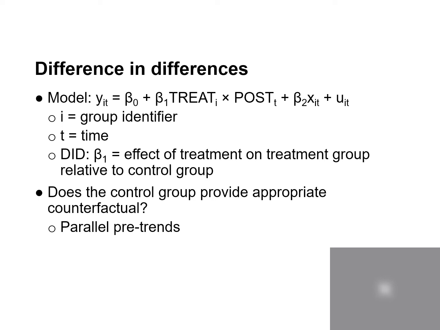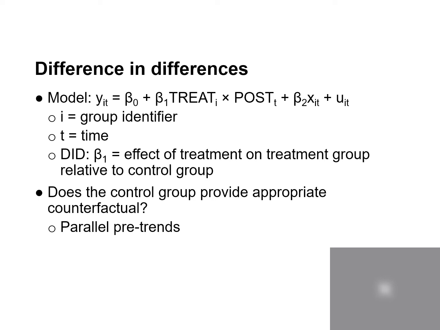The coefficient of interest, the so-called DiD estimate, is beta subscript 1, which is the effect of the treatment on the treatment group relative to the control group. If you look at the equation, for the treatment group during the post-implementation period, treat subscript i will be equal to 1, and post subscript t will be equal to 1.